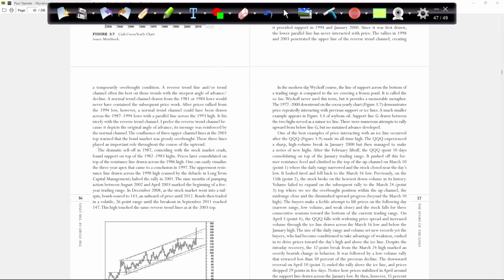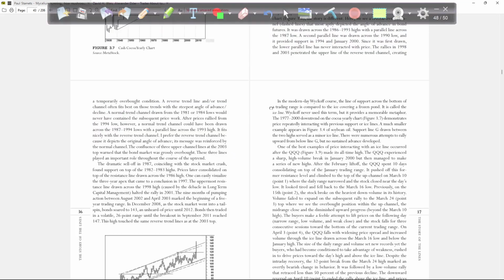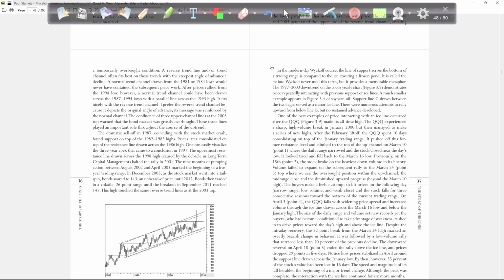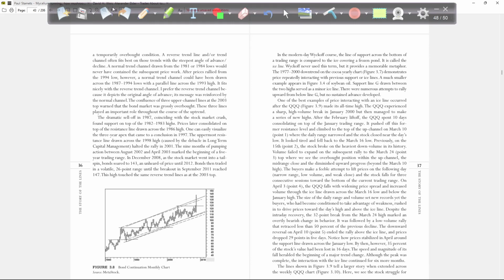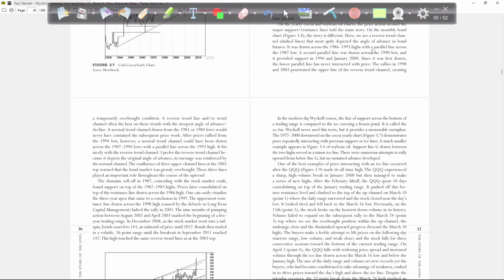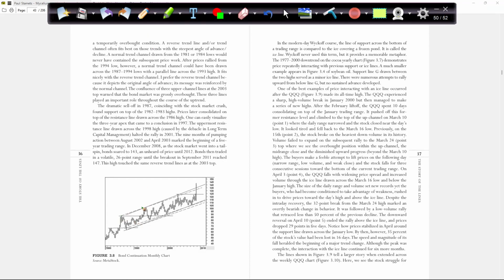The upper line was drawn across the 1986 and 1993 highs, with a parallel line across the 1987 low.